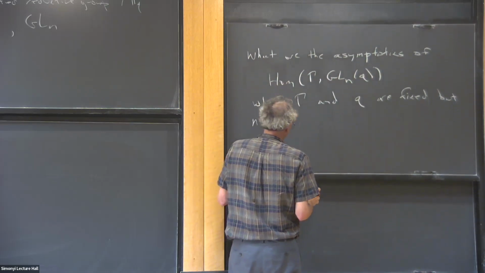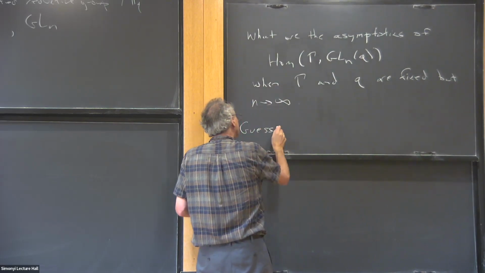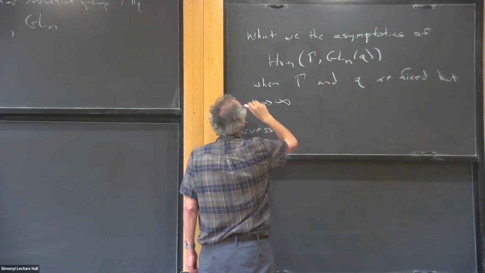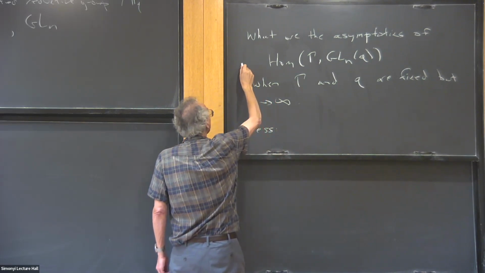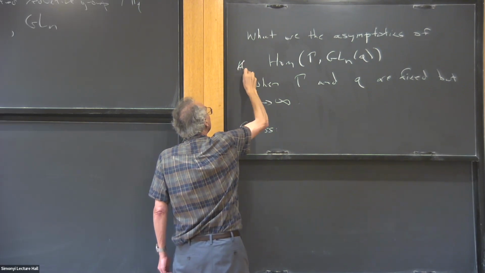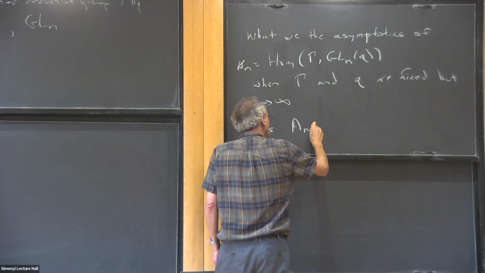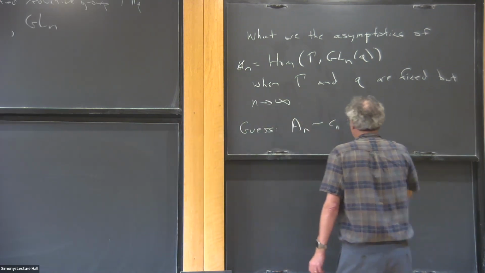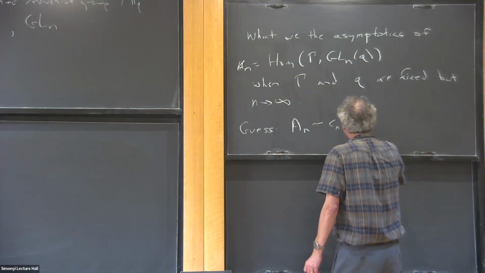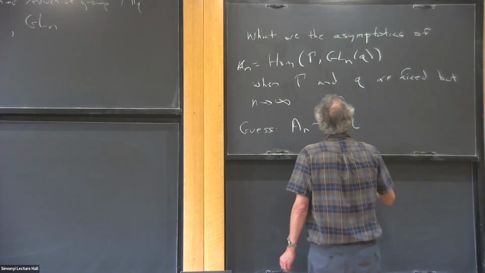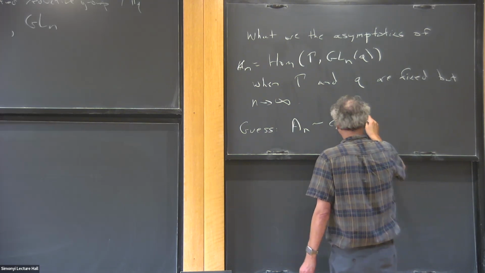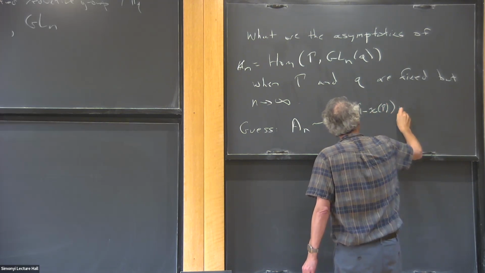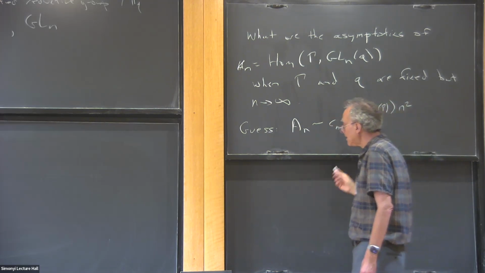And the guess is that we call this a number, let's just call this AN, that AN will be asymptotic to some Cn times Q to the power of 1 minus pi of gamma times n squared, where.